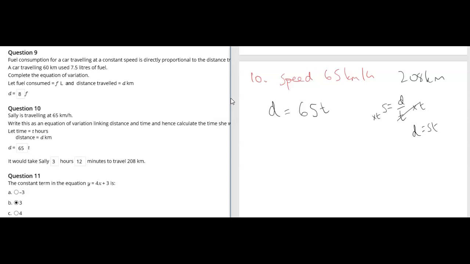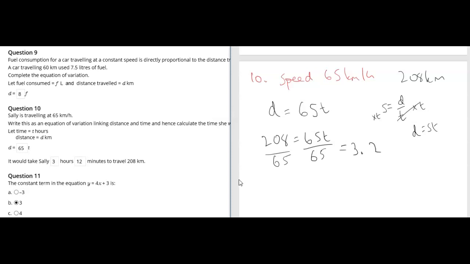It would take Sally, okay, so we need to know how long it would take her to travel 208 kilometers. So 208 equals 65t. So we're just going to divide both sides by 65 and then do that on the calculator. So 208 divided by 65 gives you 3.2.